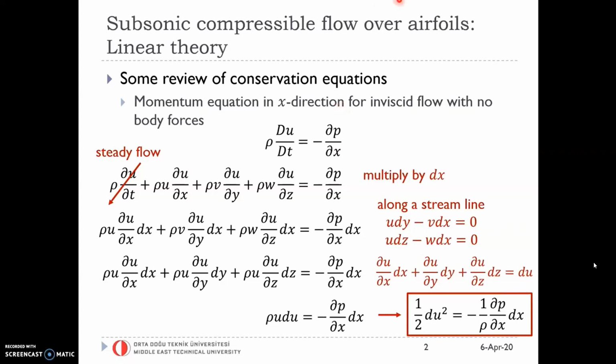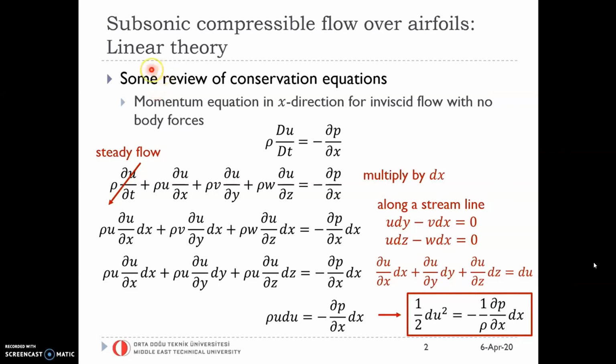Already you can see from the heading that we have linear theory here as well, because you will see in the coming slides that the final equation I will end up with will be non-linear, but we will linearize it, under some assumptions, of course, as we did for the incompressible flow cases, and then we will have some solution for some given range of flows.